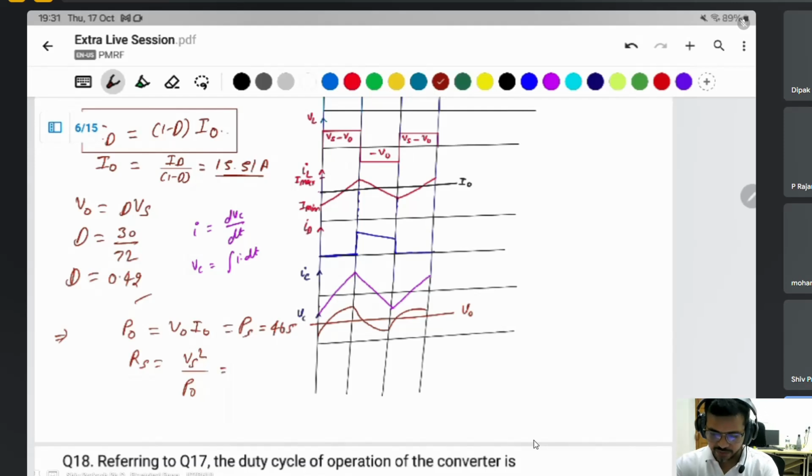Then Vs is given as 72 squared divided by 465, which will be 11.14.